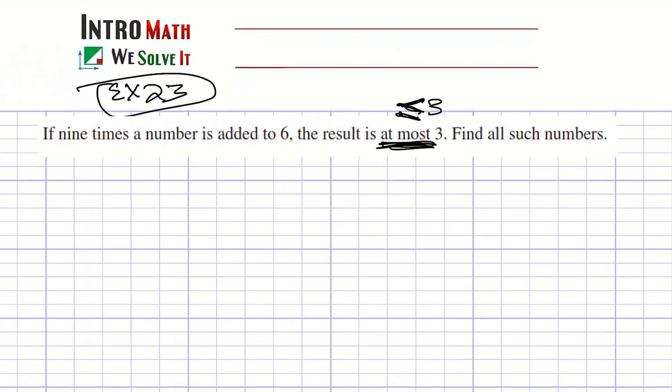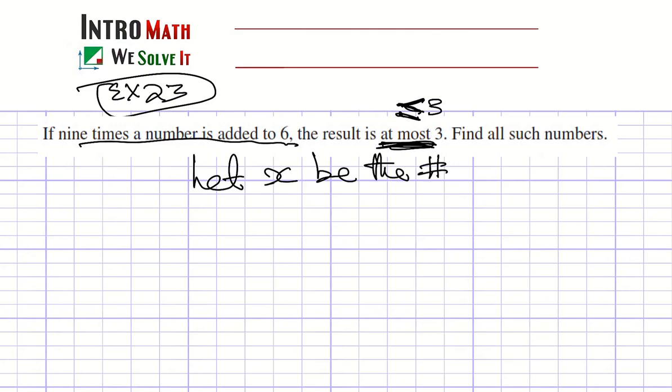So how do you say that? You say let x be the number, because you see this is our unknown here. Let x be the number, okay? And then it says 9 times a number is added to 6.